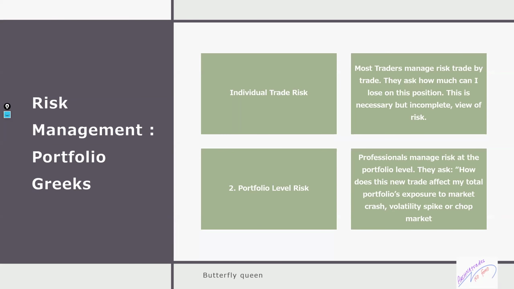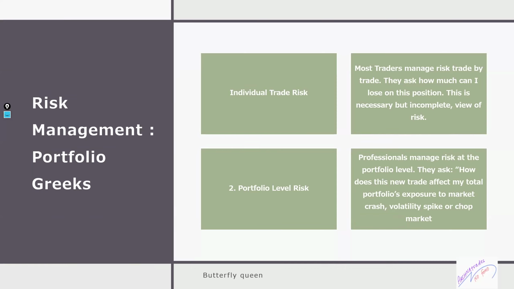If it breaks 200, that's 20 points, I'm going to put a $5 stop. So if it goes above 205, I'm out. Do I have a 1:4 risk reward? Yes. I can take puts, right? That's how most traders will think about any one trade: how much I can lose, what I can make, and do I have the risk reward?